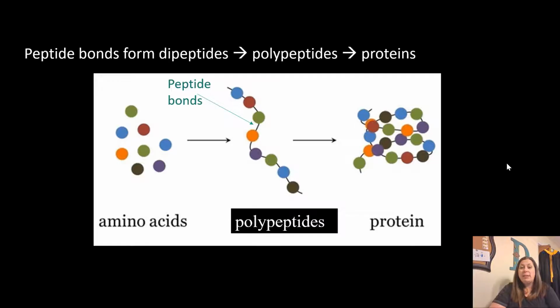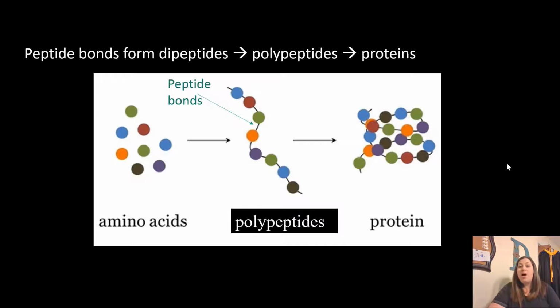So amino acids, when they start bonding together, they're going to form, of course, dipeptides first, then polypeptides, then proteins. So when they start forming these polypeptide structures, they start to look like a string of pearls. The string is the peptide bond, and the little pearls are the different amino acids.